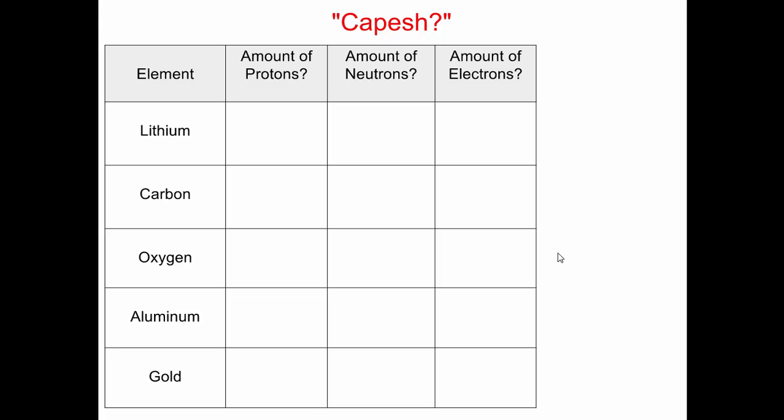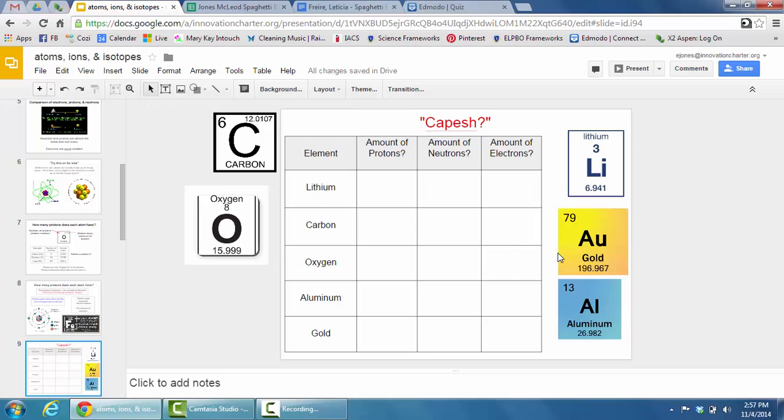All right, so let's check how we understand this. To do that, I'm going to switch into this mode so that we can see better. So we have some different elements, and we're going to see how we do. So we've got lithium. How many protons does lithium have? We're going to look at our periodic table.